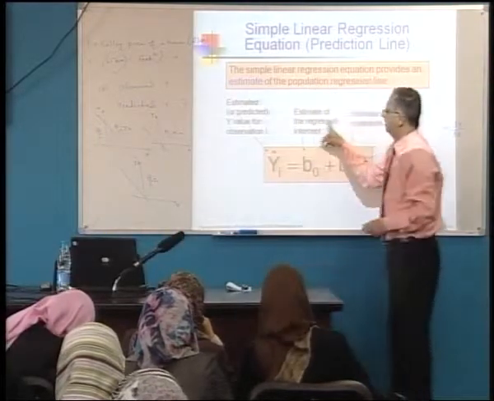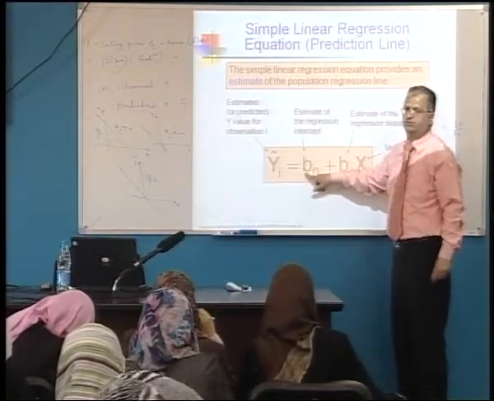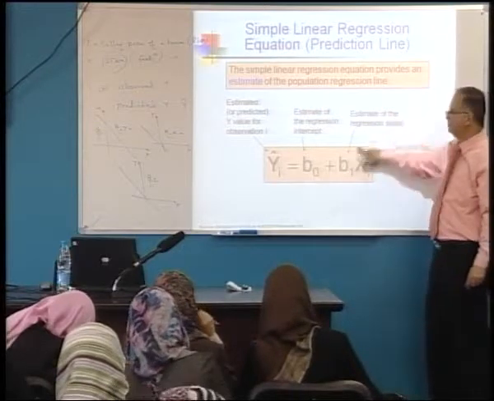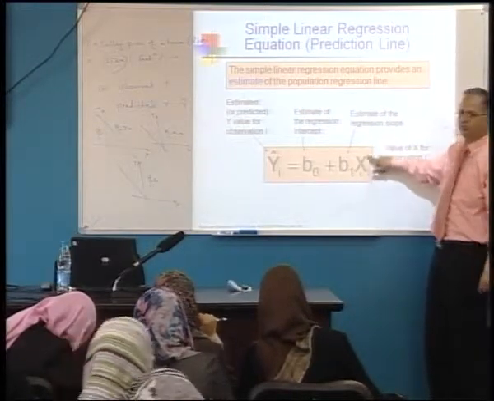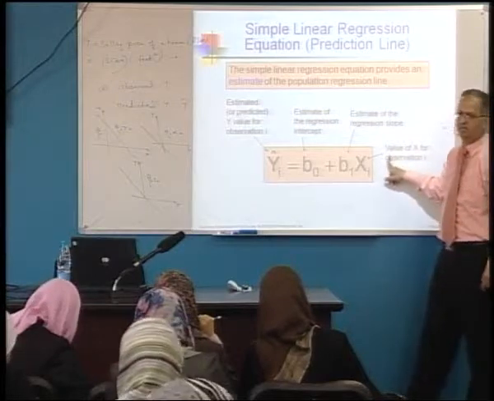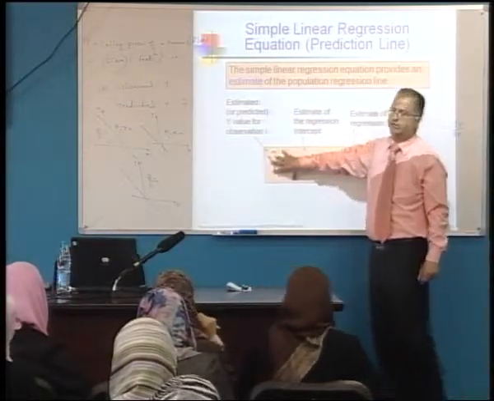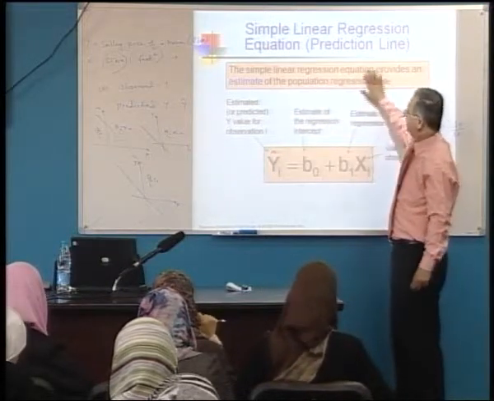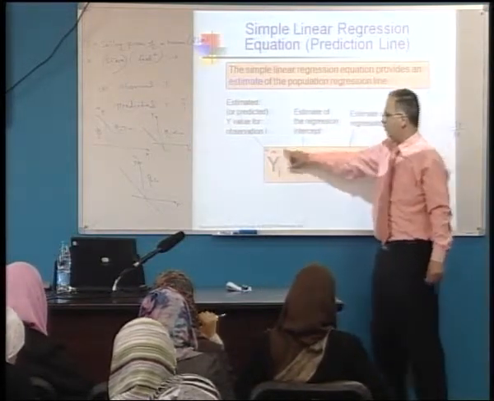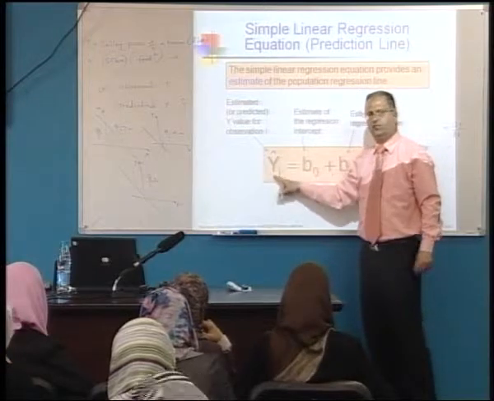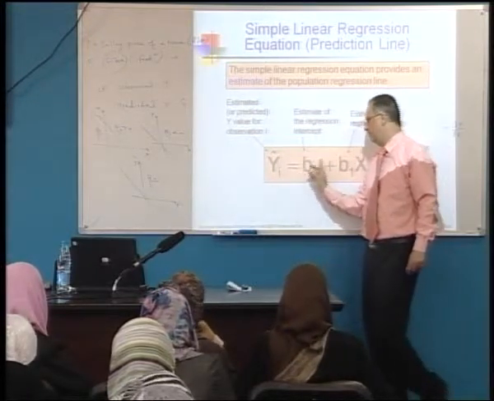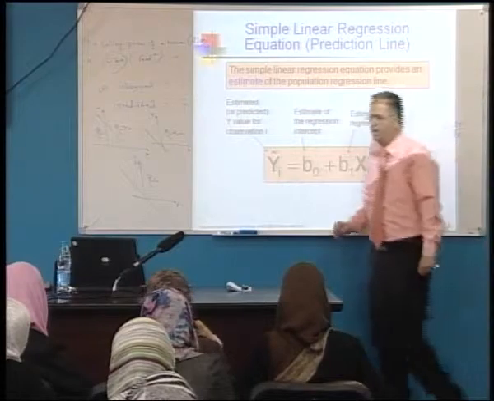The estimate of the regression intercept is b0. The estimate of the regression slope is b1, and this is your x or independent variable. So here is the regression equation. The simple linear regression equation is given by y hat, the predicted value of y, equals b0 plus b1 times x i.